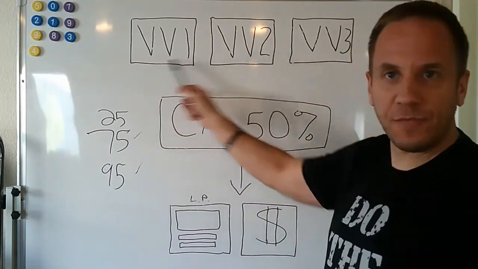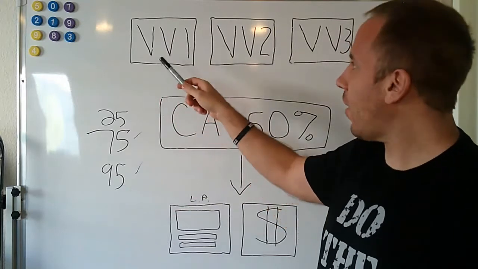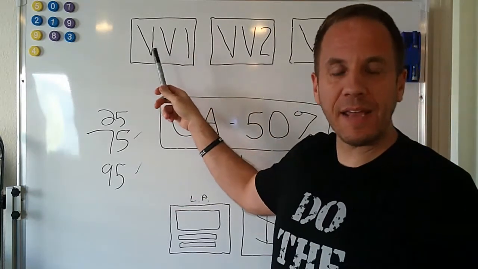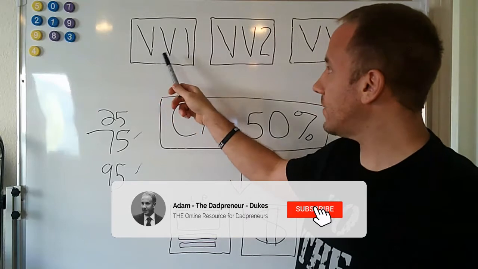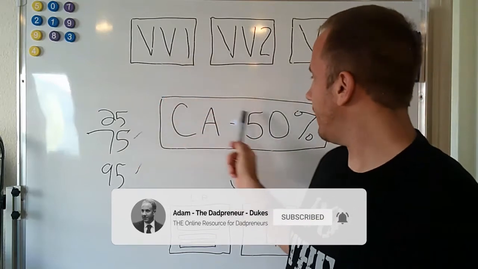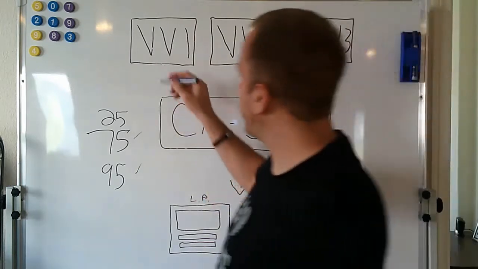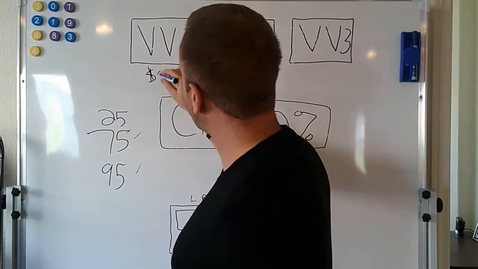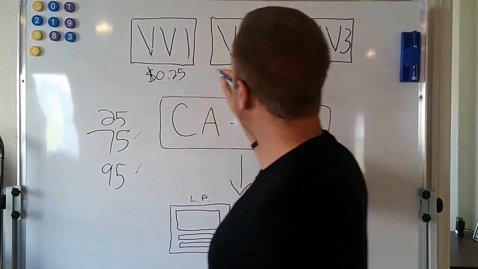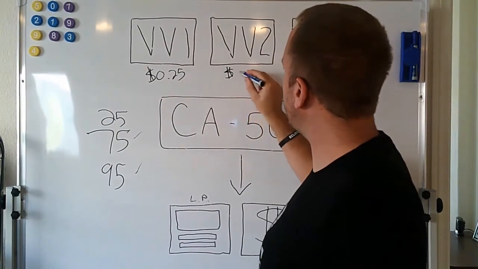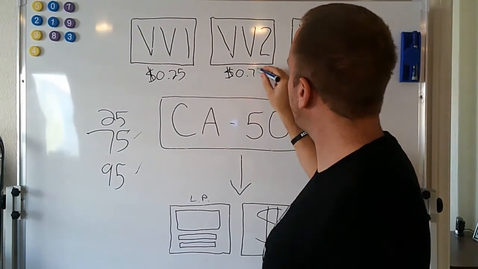But you're going to run these video ads continuously. And over time, you're going to develop KPIs, key performance indicators, on how much it's costing you to get a 50% view on this video. Let's say, for example, it costs 25 cents for this video. This video is not as good. It's costing you 73 cents.